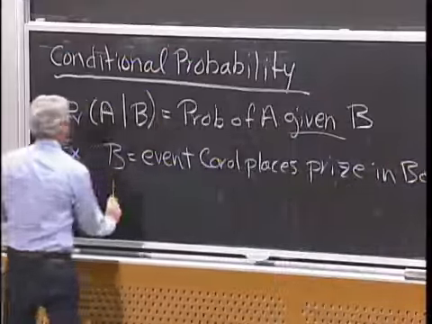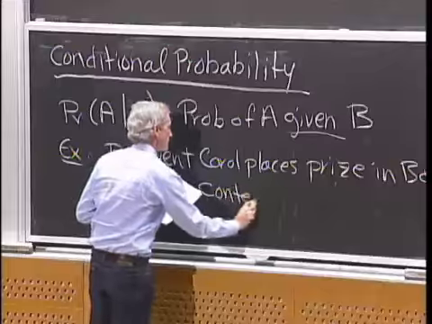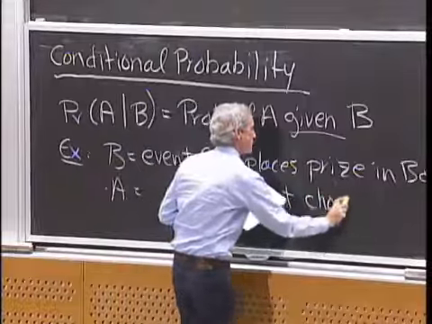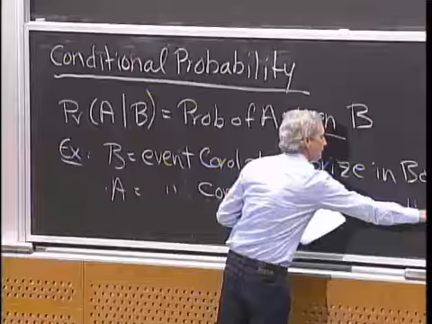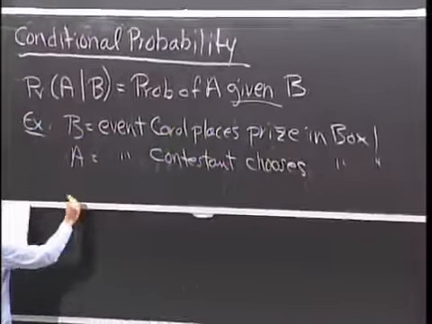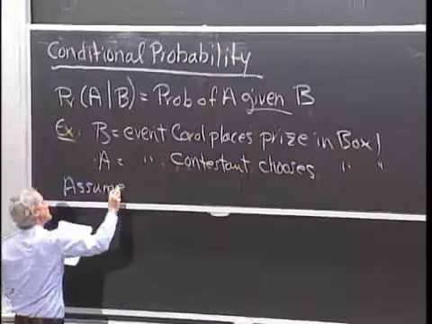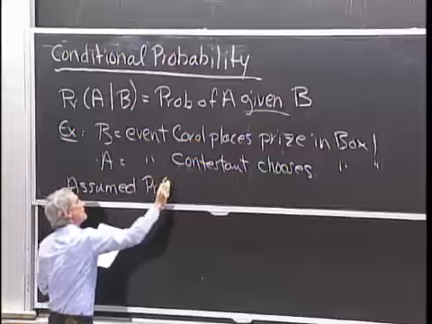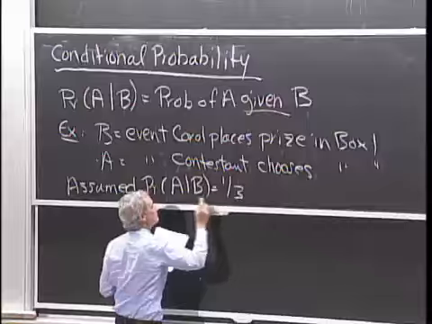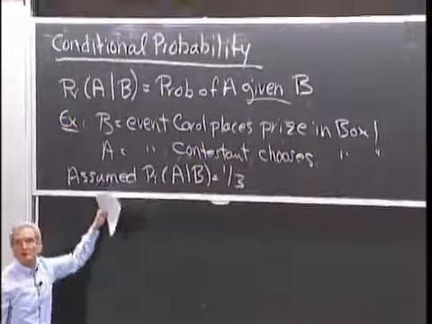And A might be the event that the contestant chooses box 1. And we assumed for the Monty Hall game that the probability of A given B in this case was 1/3, because the contestant didn't know where the prize was.